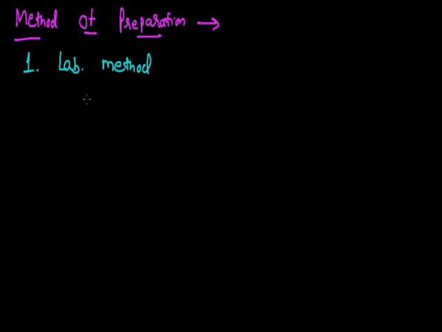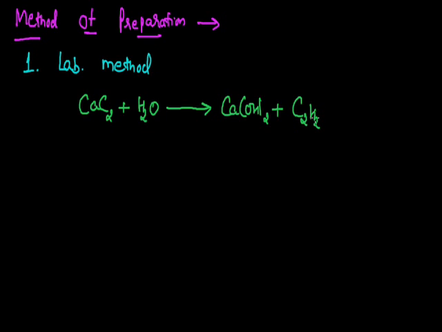There it is prepared by the hydrolysis, or the reaction of water with calcium carbide. The formula of calcium carbide is CaC2. When it is reacted with water, calcium being electropositive in nature combines with the OH minus radical of this water. The formation of calcium hydroxide, or slaked lime, occurs here with the formation of C2H2, that is the acetylene molecule.